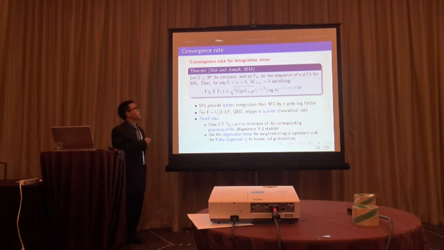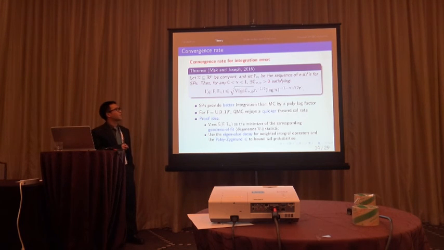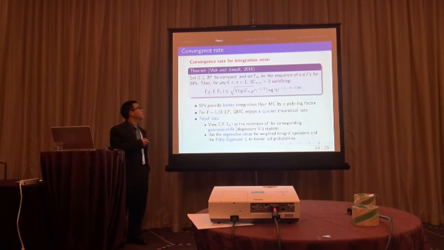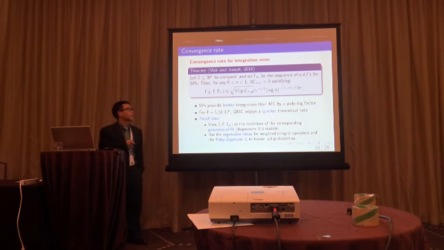And lastly, using this result, what we can show is that support points enjoy an improved convergence rate compared to Monte Carlo. So there are a lot of equations here. Basically, what this says is the integration error is bounded by some constant times the Monte Carlo rate, so the 1 over square root n for Monte Carlo, times a reduction in log factors, which is an improvement over Monte Carlo.